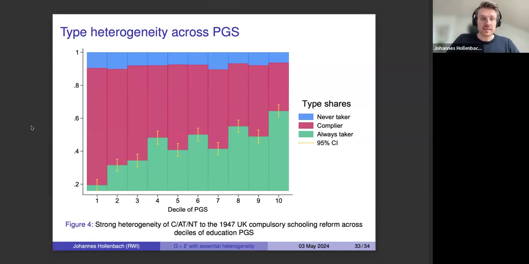And what you can see is that with lower education polygenic score, people are more likely to be compliers to the education reform and less likely to be always takers, and that basically shifts as you go towards the right, towards higher education polygenic score. What this tells you is that, first of all, there is large type heterogeneity within the polygenic score, and that our polygenic score certainly affects how individuals react to the education reform.